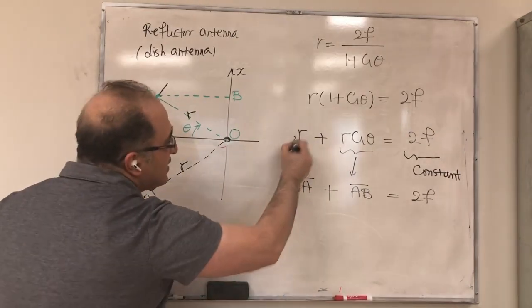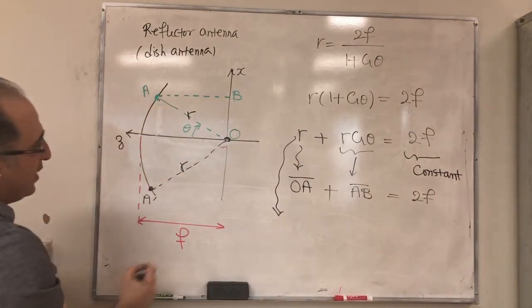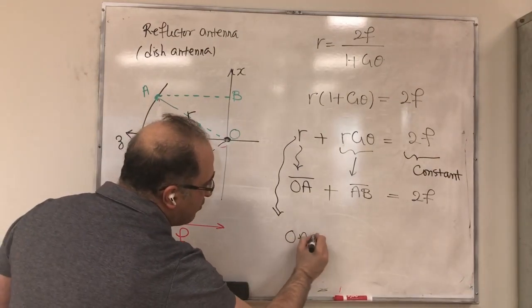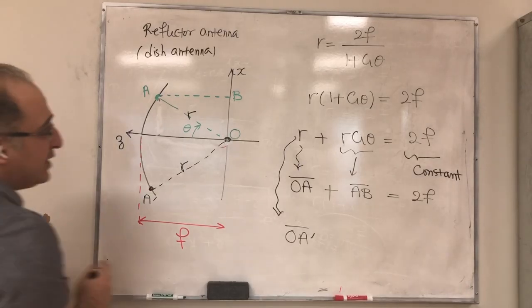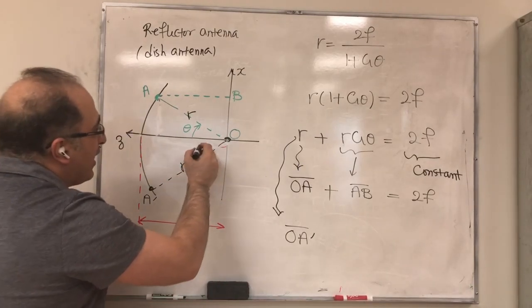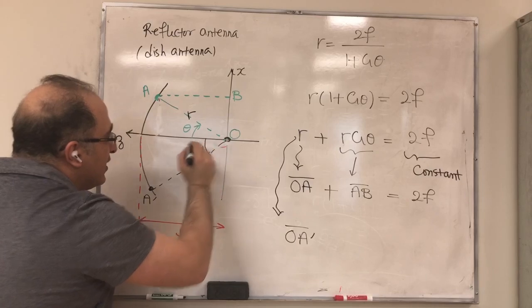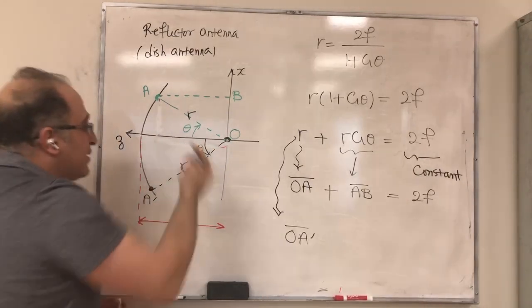This could be, for example, the path OA prime, from O to A prime. If this is r, now I have a new theta as well. This is my new theta. Remember, this is not the same as that.